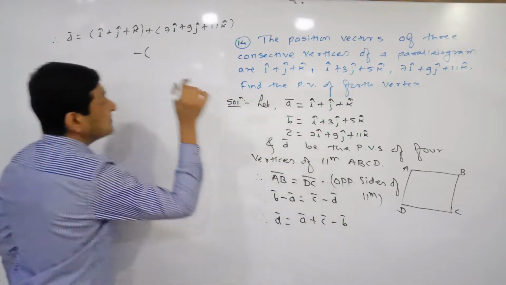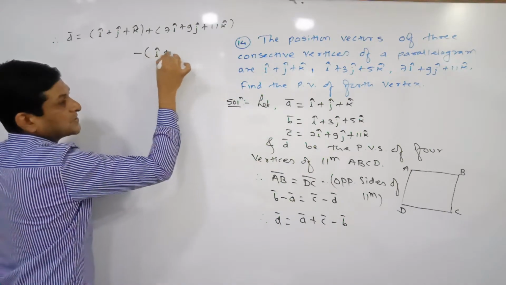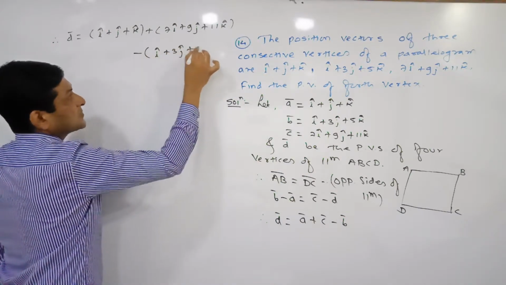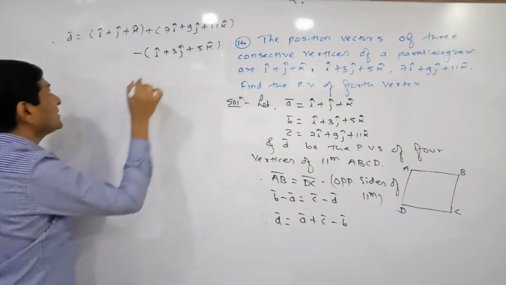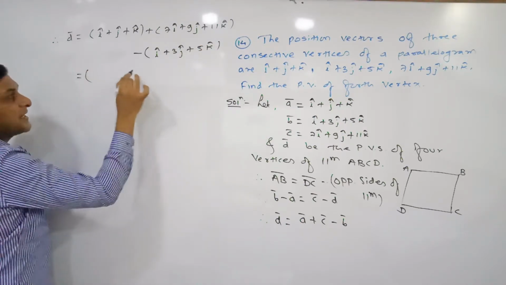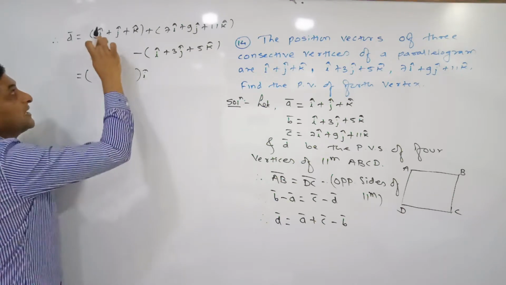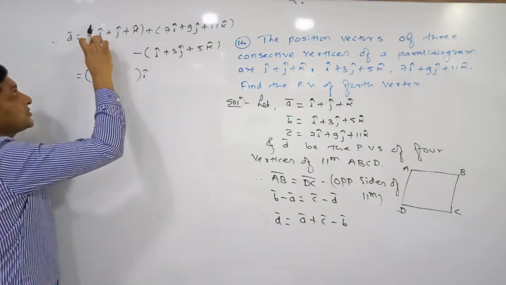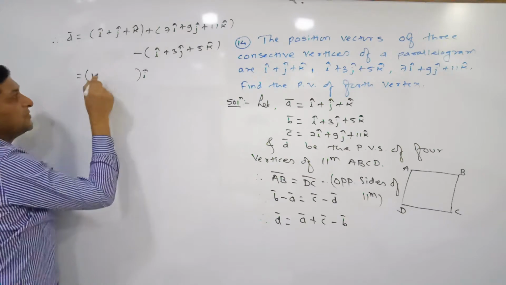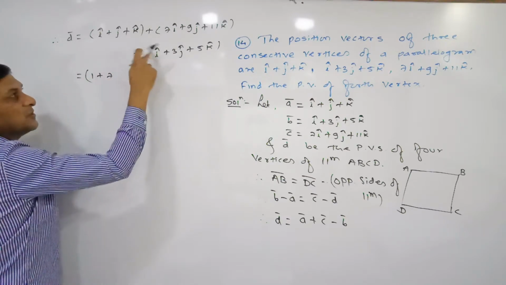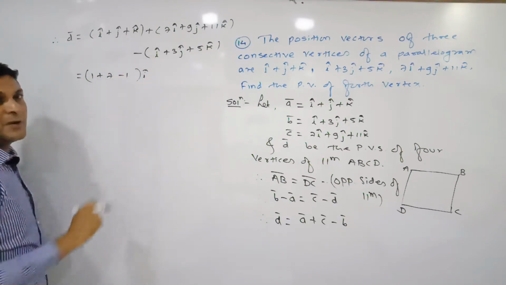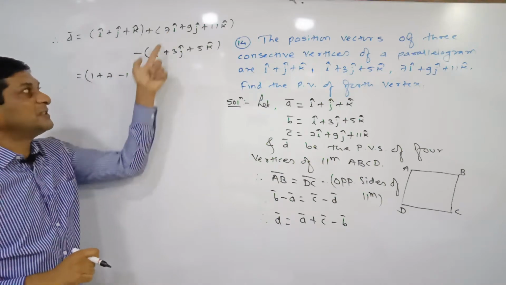What is the value of B bar here? I cap plus 3J cap plus 5K cap. So first I am collecting the terms of what? I cap. There are 3 terms of I cap. Here its coefficient is 1, here it is 7, and here it is minus 1. Simply, we have taken I cap common from these 3 terms.